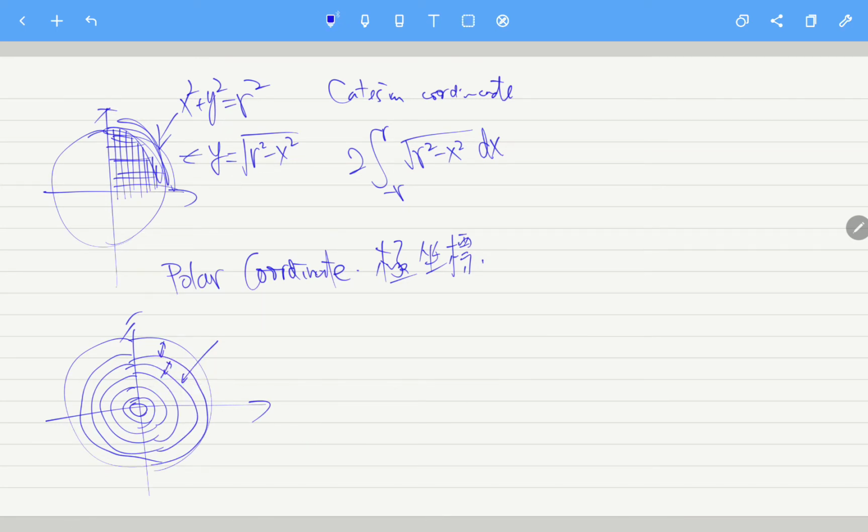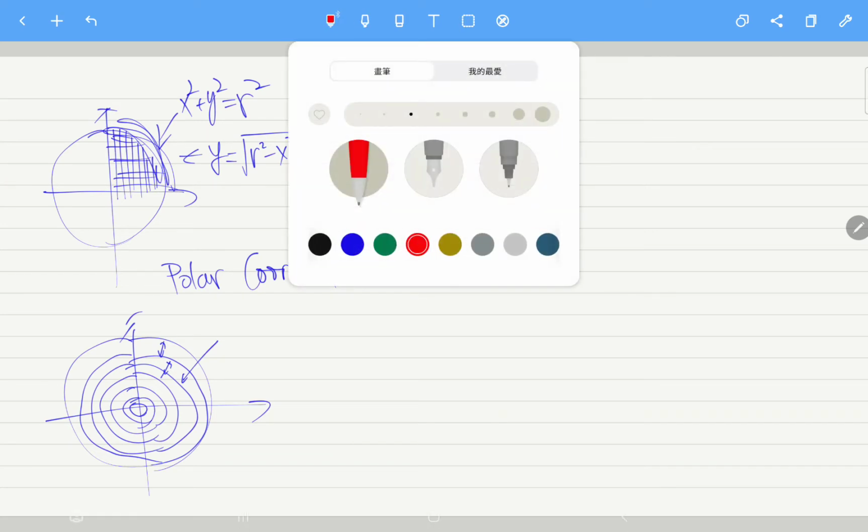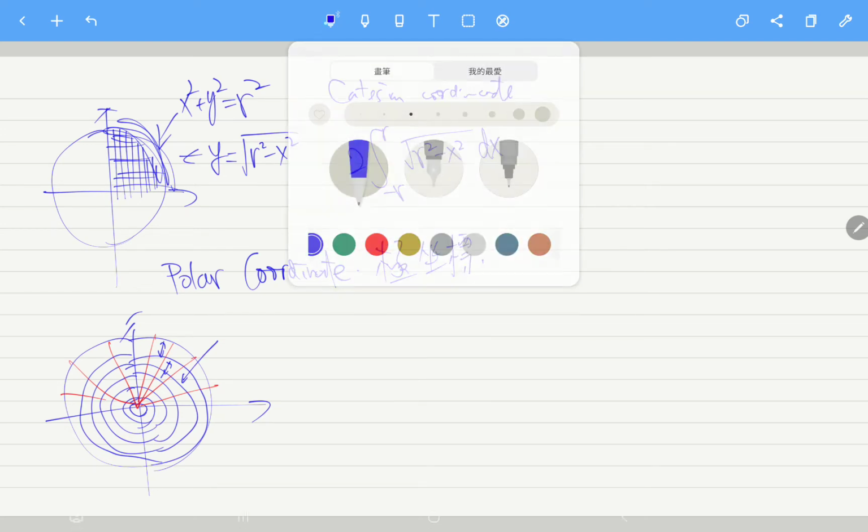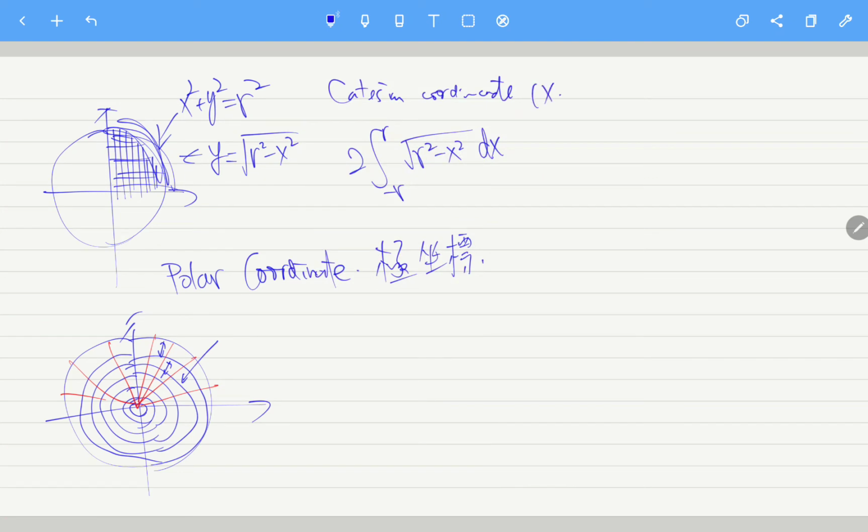No, we don't really need to further cut it in the angle, because for Cartesian coordinate, we have x, y for two dimensions, or x, y, z in three dimensions. For polar coordinate, we have r and theta, so this point is r, theta.